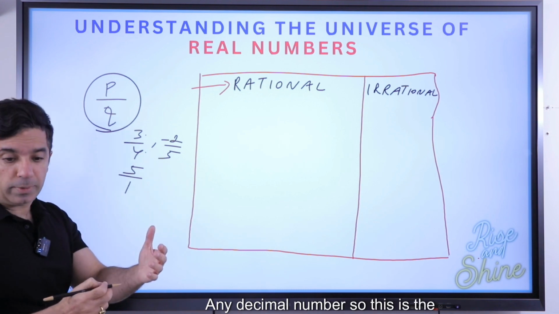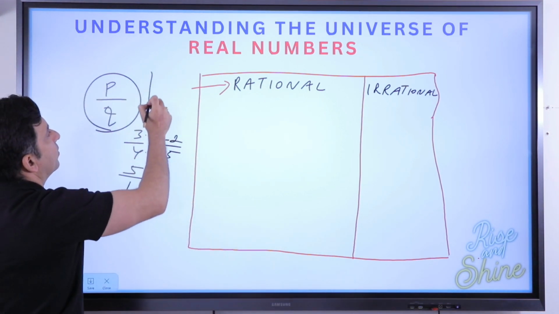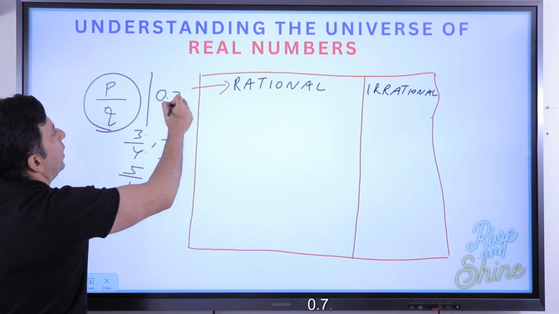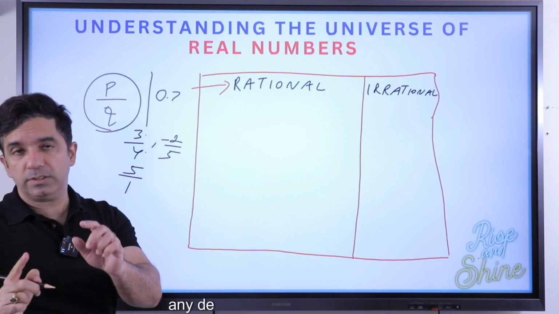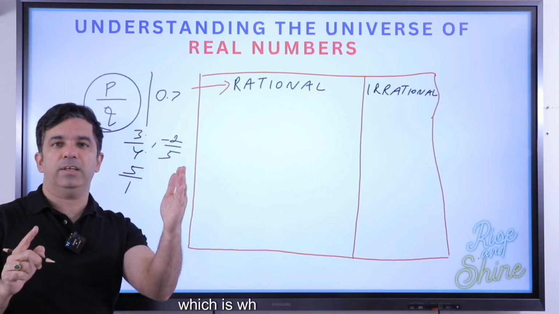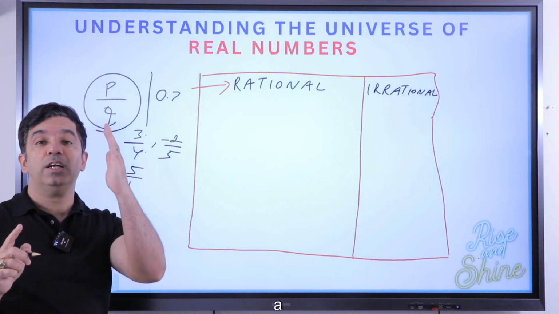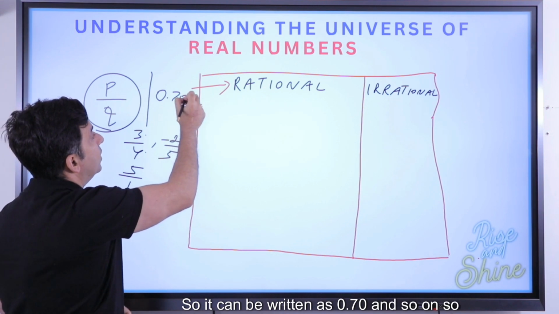Any decimal number, so this is the interesting part now. Any decimal number, let's say 0.7. Just listen to this, any decimal number which is having a termination, it is just ending over here. It can be written as 0.70 and so on.